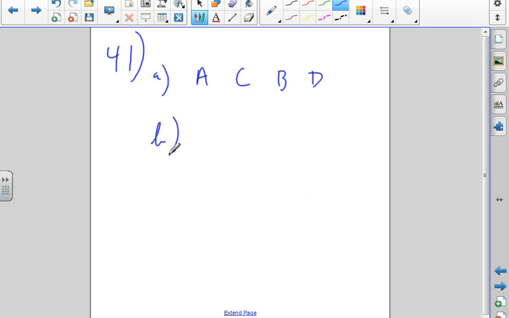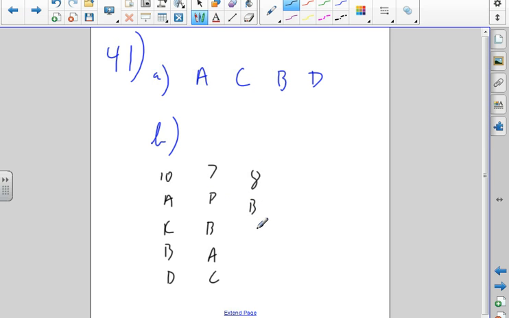Now, Borda count method. Borda count method means we put a point value on everybody and add it up. Okay. So that means I'm going to have to actually write the chart. 5, 10, 10. A, C, B, D. 7. D, B, A, C. 8.